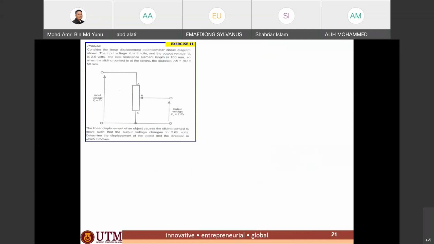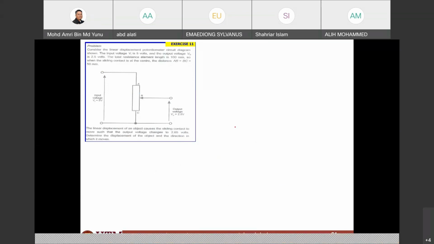Give you around 4 minutes. So we look at this example: a linear displacement potentiometer circuit diagram shown in this figure. It has a linear DC input of 5 volts, and the output voltage is 2.5 volts.